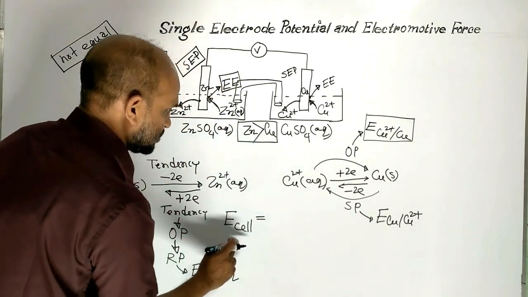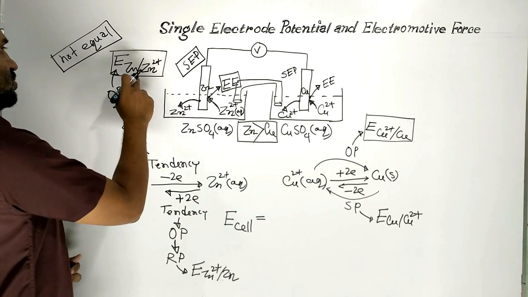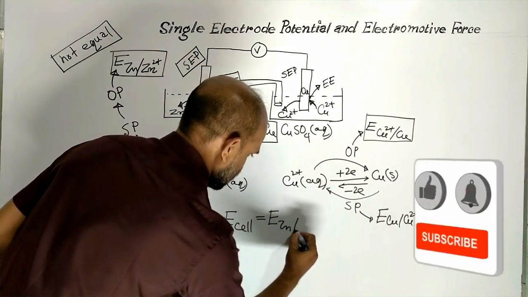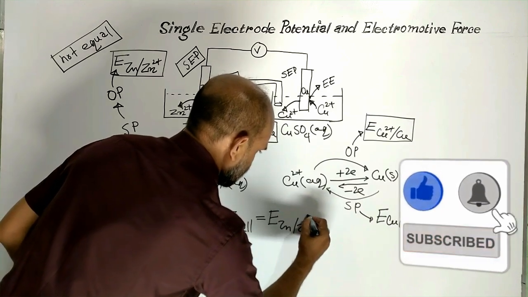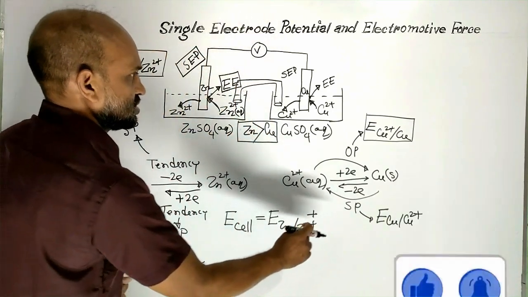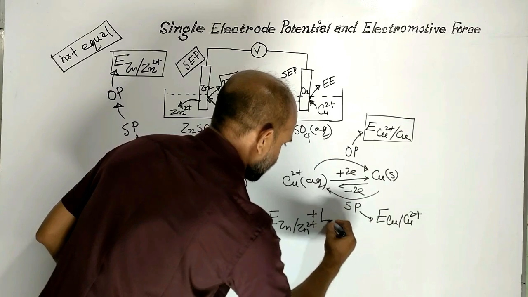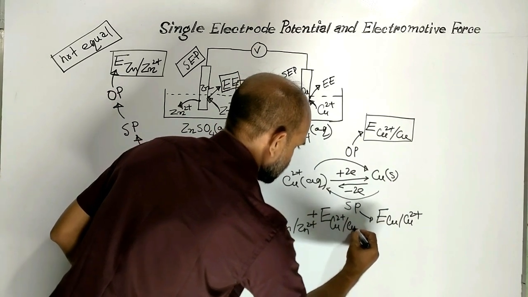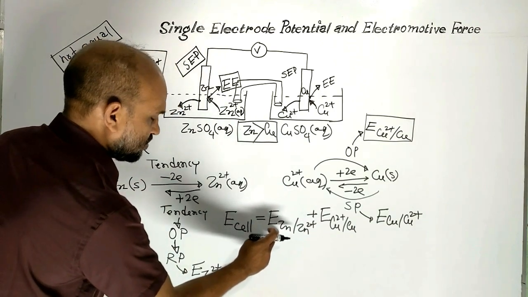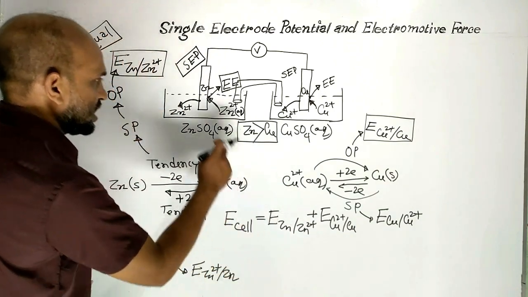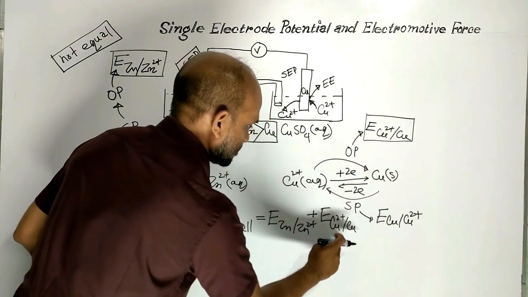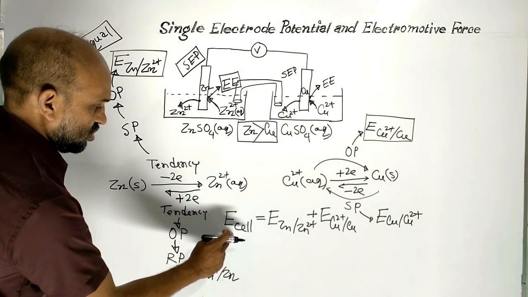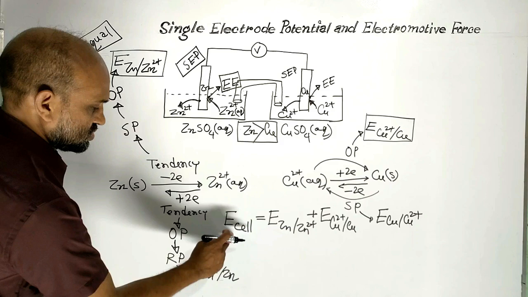E cell is equal to the oxidation potential of anode plus the reduction potential of cathode.